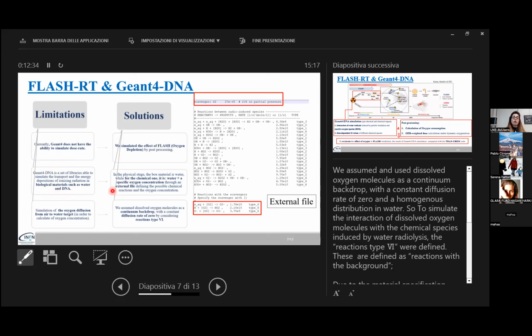So as a solution to these problems, we add the oxygen in an external file. You can see the external file here. This external file only has an effect on the chemical stage. It means in the physical stage we have just water, and in the chemical stage we have water plus oxygen concentrations, and it affects just the chemical stage.